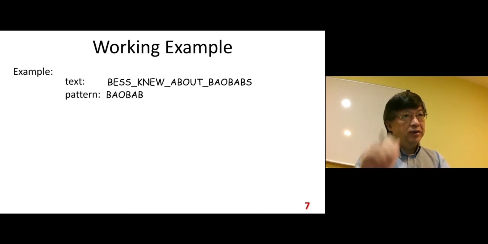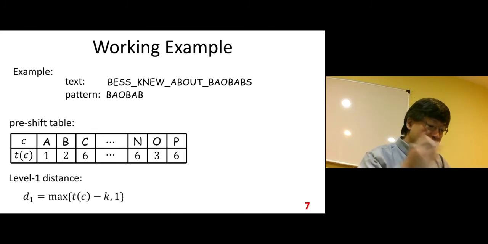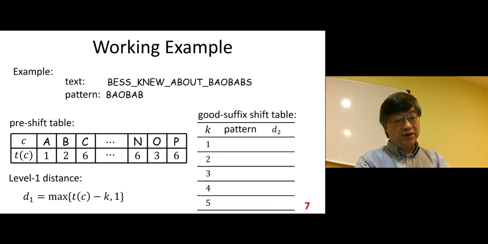Then we determine the step size. The pre-shift table can be calculated easily like this. Then we use the level 1 distance definition like this. Then for the good suffix table, we need to calculate the level 2 distance.